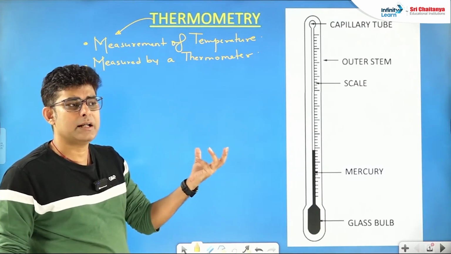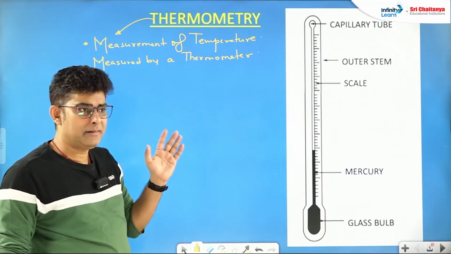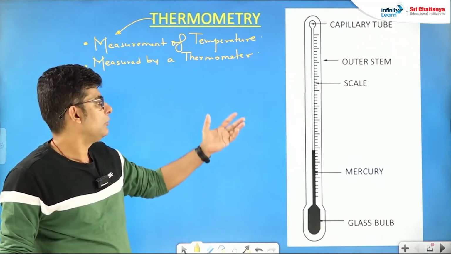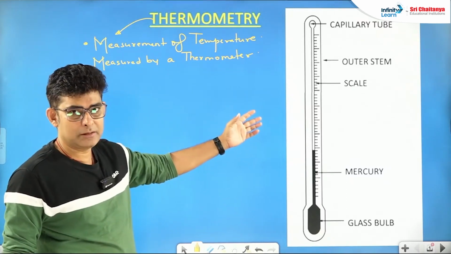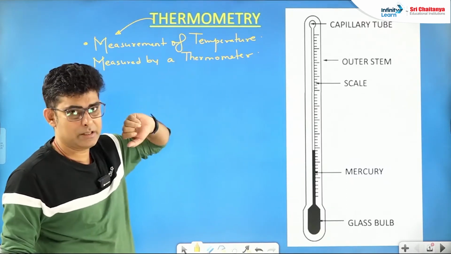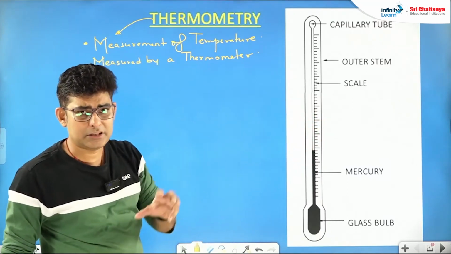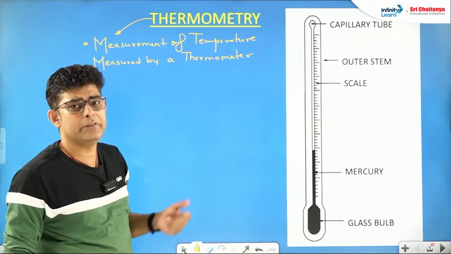So, here we are applying the unitary method. When something varies directly with another thing, we can use the unitary method. The same applies to measuring temperature. Whenever we measure temperature with a thermometer, we select a property which varies directly with temperature.